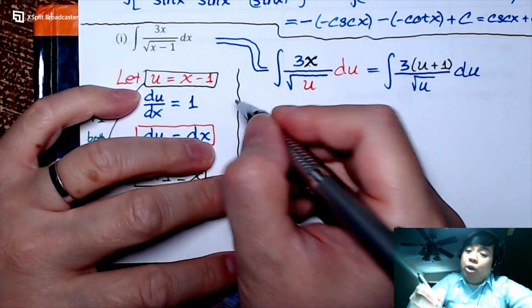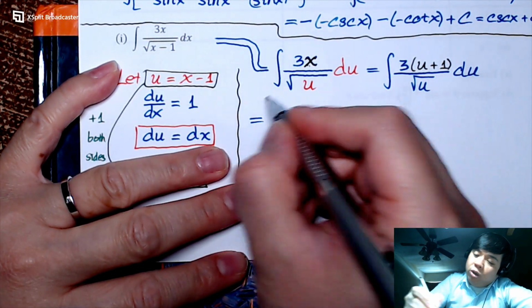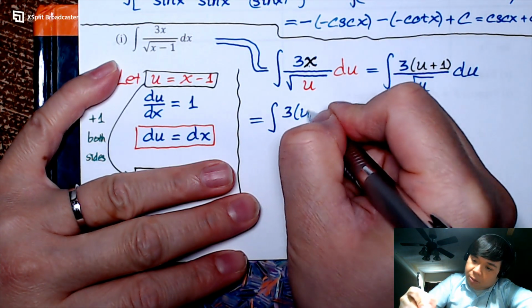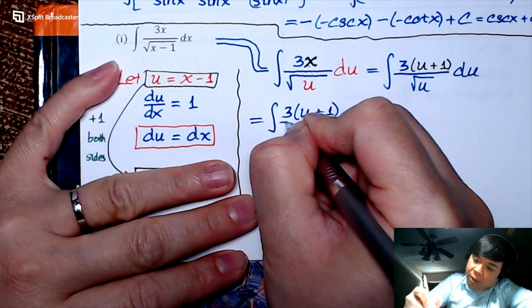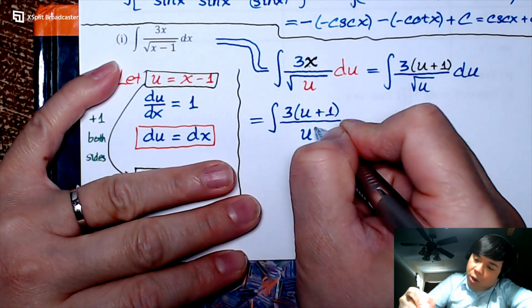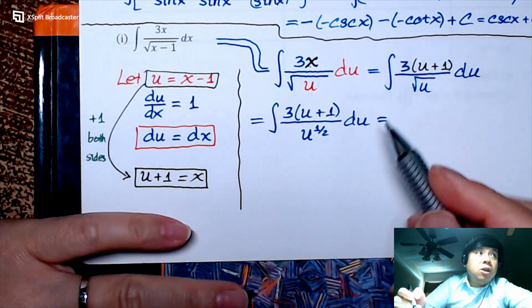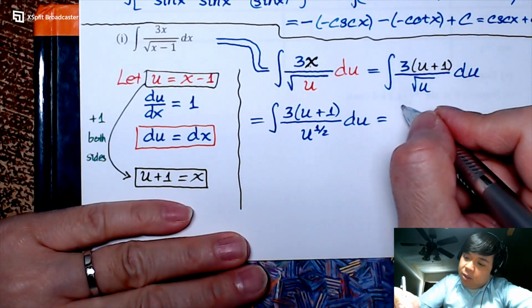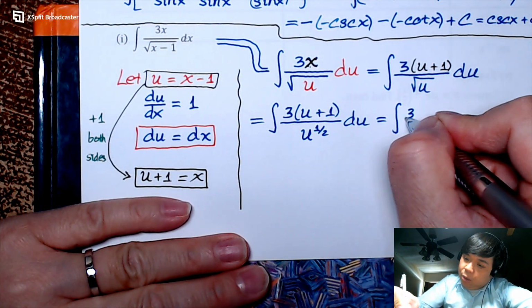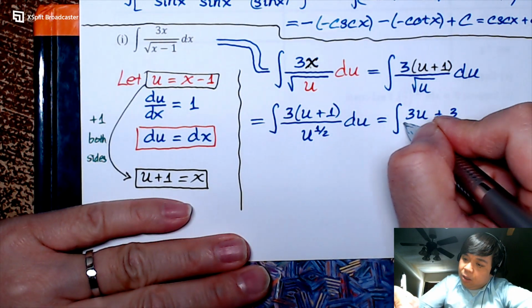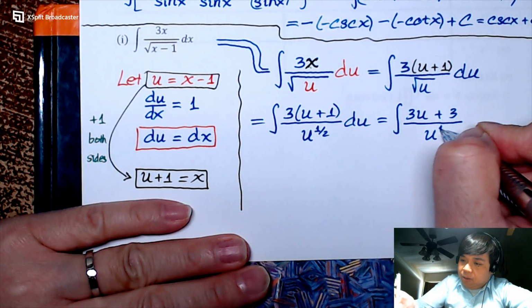Before we do that, square root of u is like u to the 1/2. So I multiply it out on top: 3u plus 3 over u to the 1/2.